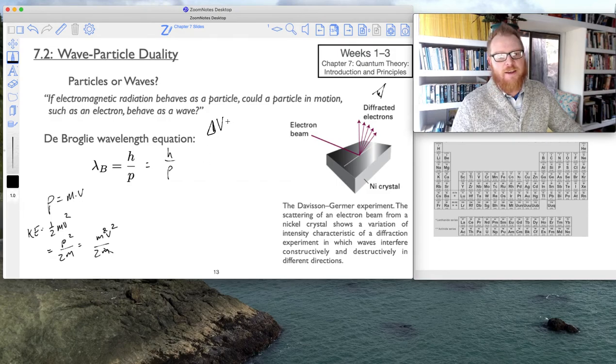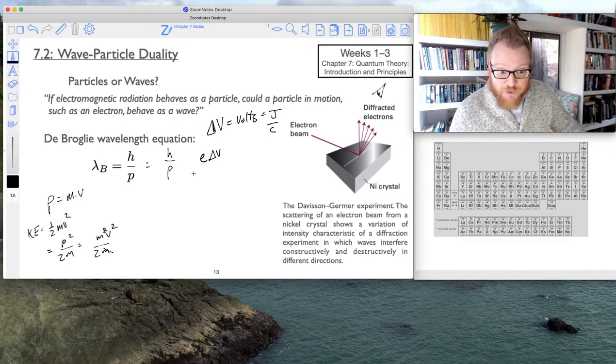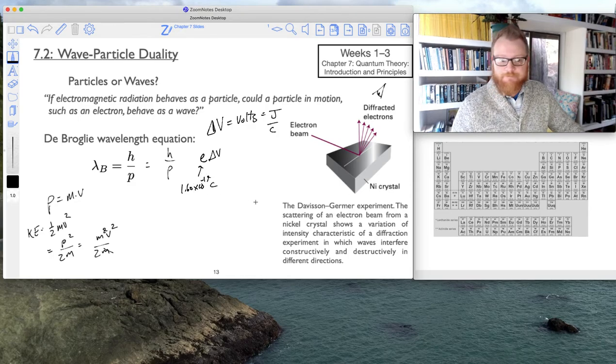We know delta V is in units of volts, which we know from our previous lecture is a joule per coulomb. If I multiply this quantity times e delta V, where e is the fundamental charge, 1.60 something times 10 to the minus 19 coulomb, that's a joule per coulomb times a coulomb, which gives me a joule.